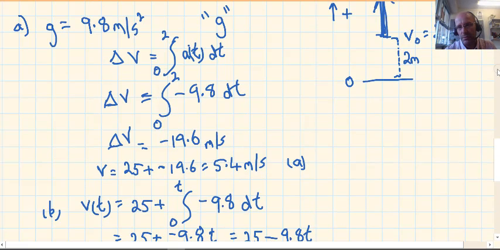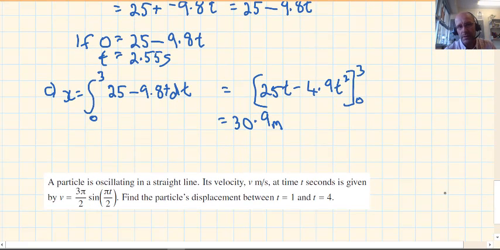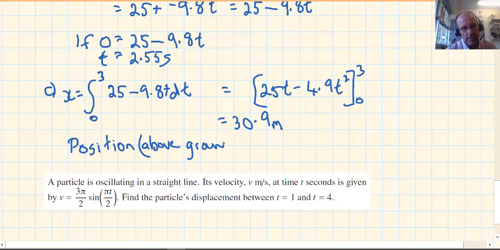Now remember, it was launched at 2 meters above the ground, so its position above ground, if the reference point is on the ground, equals 2 plus 30.9, which is 32.9 meters.